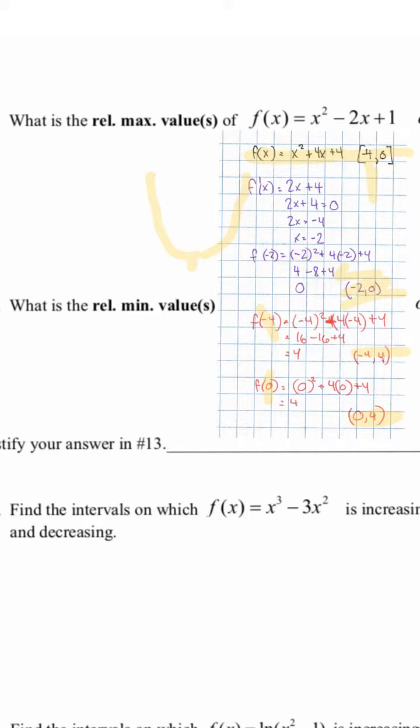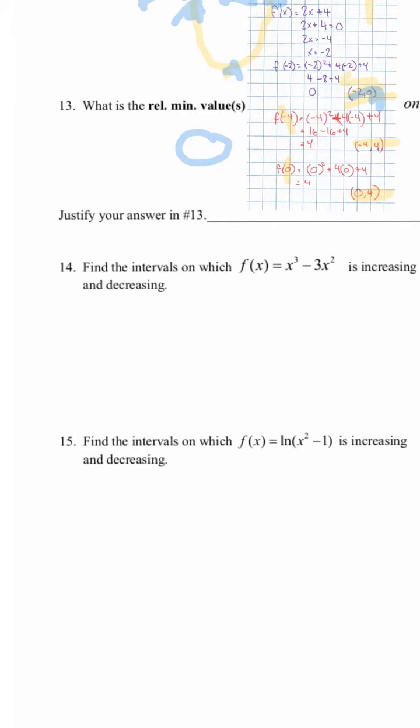The relative minimum, however, is right here. It's at the point -2, 0, so the relative minimum for my problem is 0. And again, because these are absolute maxima, but they don't come back down, they're endpoints, so the relative maximum does not exist, at least for my problem.